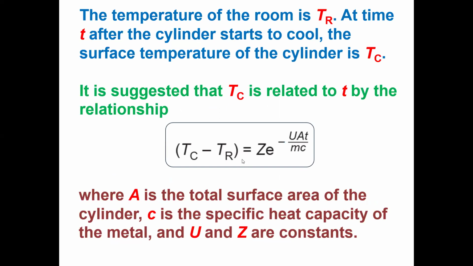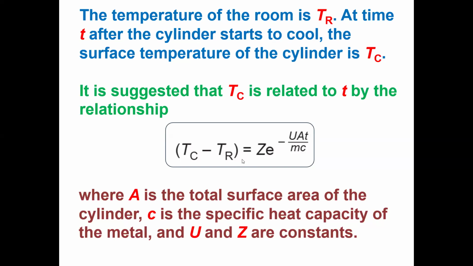It is suggested that TC is related to t, small t, by the relation TC minus TR is equal to Z e to the power minus UAt upon MC, where A is the total surface area of the cylinder, C is the specific heat capacity of the metal, and U and Z are constants.